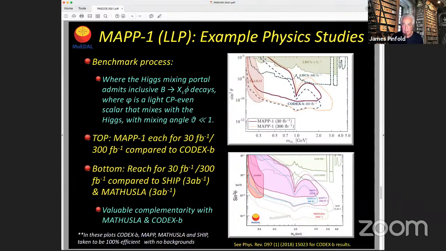And we can see that compared to the limits that you expect from Codex B, which is another detector that's going to be placed in the LHCb region specifically to search for long-lived particles. At the bottom, we see the reach compared to Methuselah and SHIP as well. Here we see Methuselah, and here we see SHIP. And the nice thing about MAP1 is it covers a region between LHCb, should we say a more conventional LHCb detector, and the new detectors like Methuselah. It covers this kind of a gulf between the two.